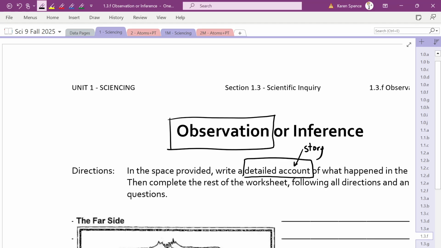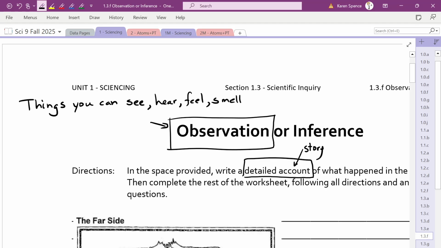So anything you can observe with your senses is an observation. Anything you can measure. Okay, so observations are things you can see, hear, feel, smell, taste.